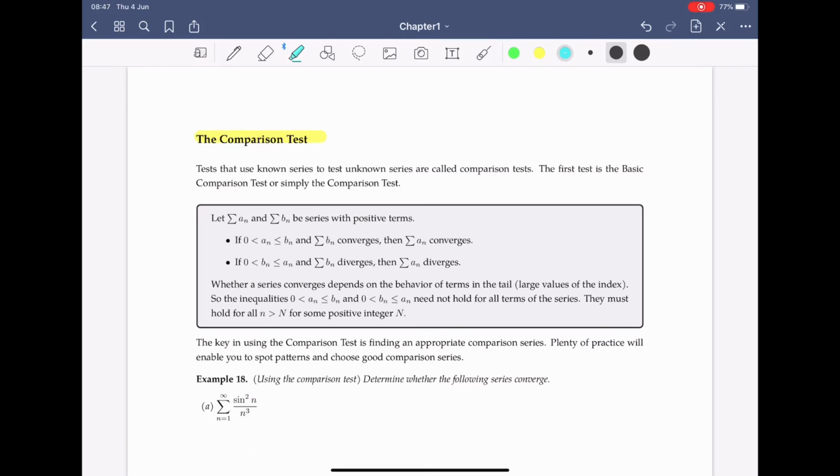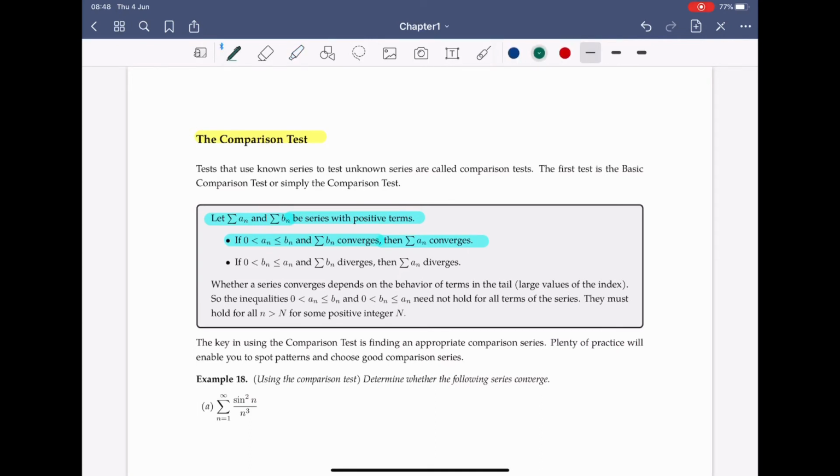For the comparison test, you have two series. Let's suppose that you have summation a n and summation b n, both positive series. The condition is right here. If you have the inequality 0 less than or equal to a n less than or equal to b n, and you know that the summation of b n converges, then you can conclude that the summation of a n converges.